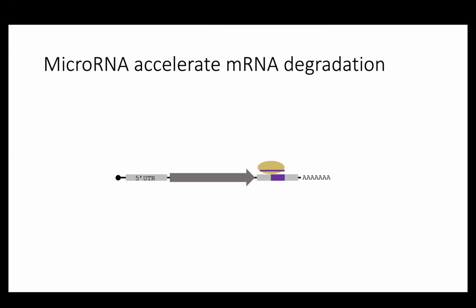It doesn't have to be the 3' UTR, but often is the 3' UTR. And if the complementarity is high, then the RISC complex effectively cleaves the mRNA and completely degrades it, right?